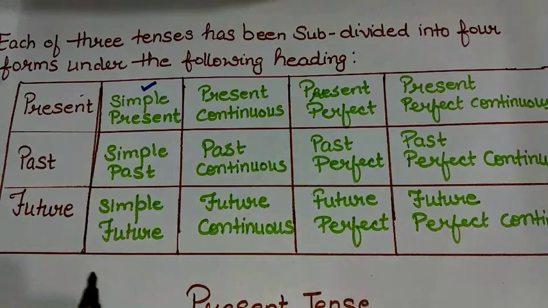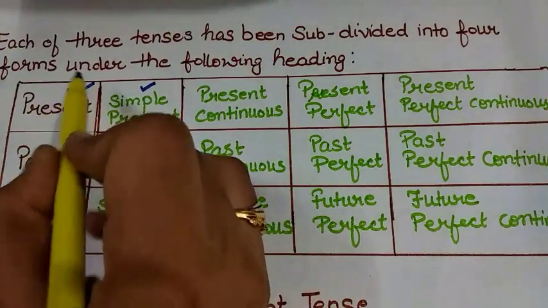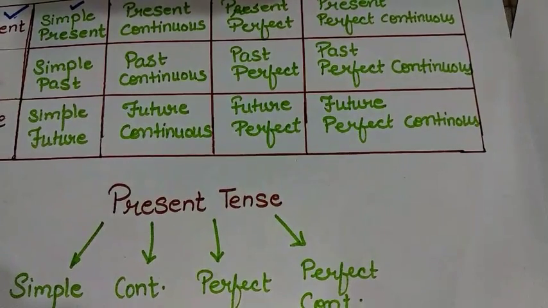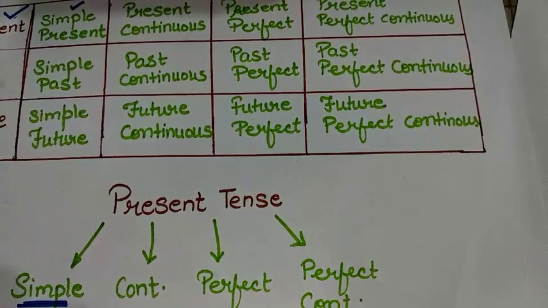We will understand all of them one by one and we will start with the very first, present tense. So let us see what a present tense holds. So in present tense, first we will discuss simple present tense. Sometimes simple present tense is also called present indefinite.